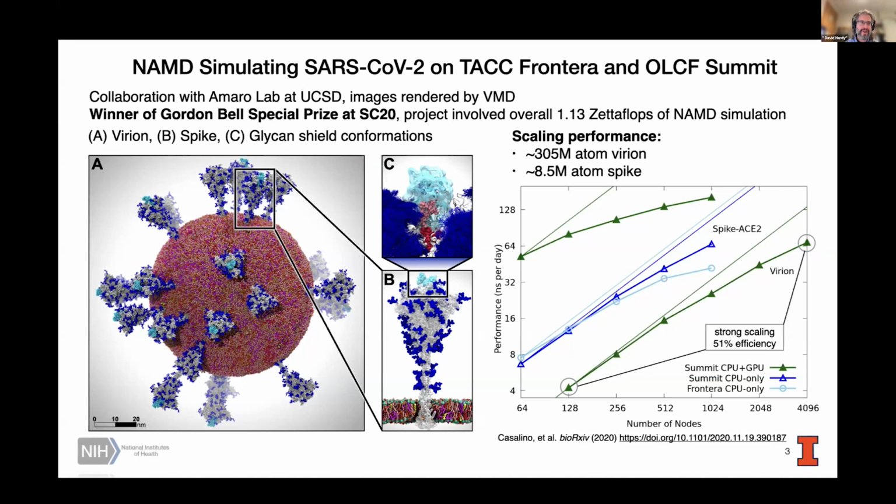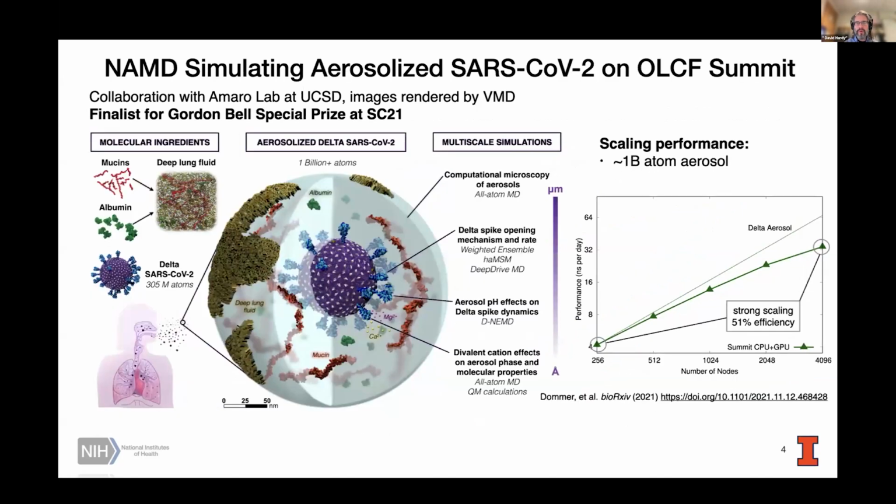This project is a collaboration with the Amaro lab at UCSD, who really ran the whole show. It ended up winning the Gordon Bell Special Prize at SC20 and involved over a zettaflop of NAMD simulation. So it was really remarkable.